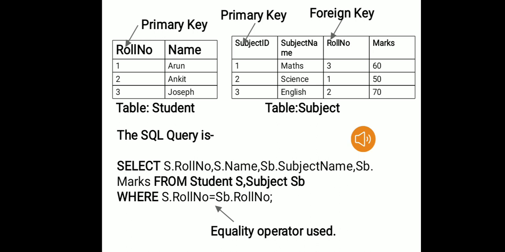The SQL query uses this equality operator to extract the entries of the columns roll number and name from the table student using the alias s, and the columns subject name and marks from the table subject using the alias sb, by linking the primary key column roll number of the table student with the foreign key column roll number of the table subject using the aliases s for the table student and sb for the table subject respectively.